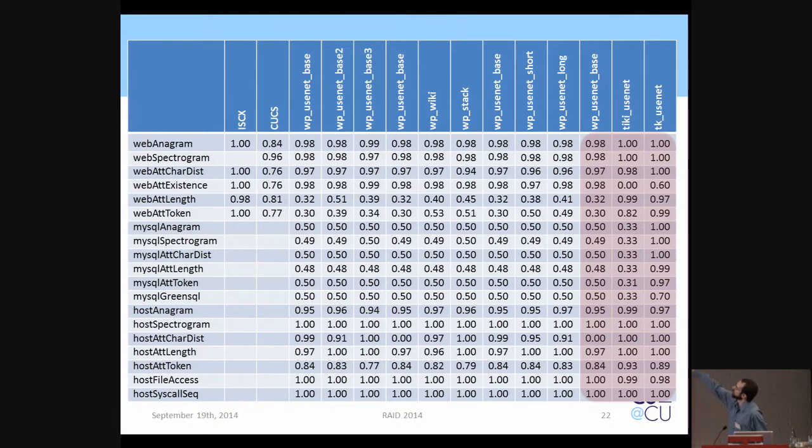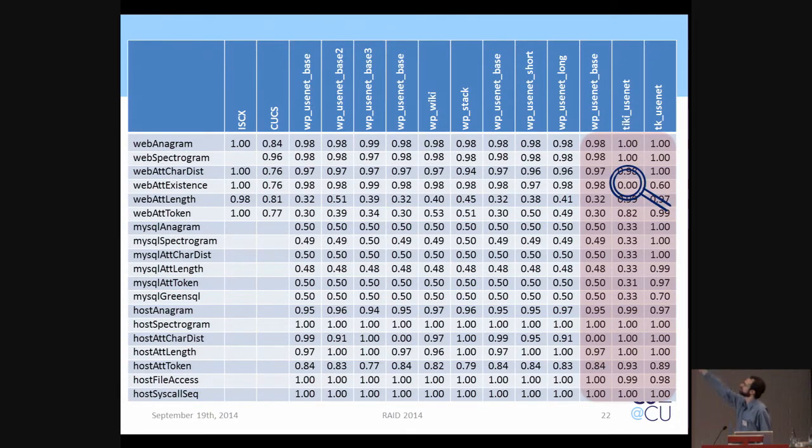Looking at the right side here, we have our WordPress baseline data set, and we are comparing it to the TikiWiki and the TestLink on the far right. You can see there's some general variation.